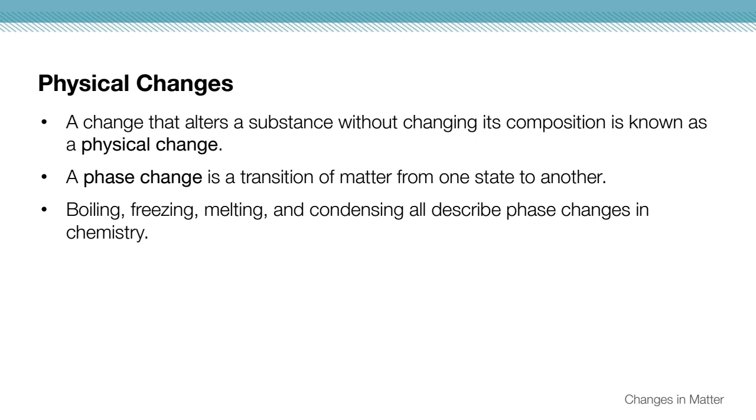That's the transition without changing what the substance is made out of. So think phase changes, changing from a gas to a solid to a liquid. All those are changing it from one state to another, but it's all the same thing. If you took an ice cube and turned it into water and then turned it into water vapor, it's still the same composition. It's still H2O. So those are examples of physical changes.